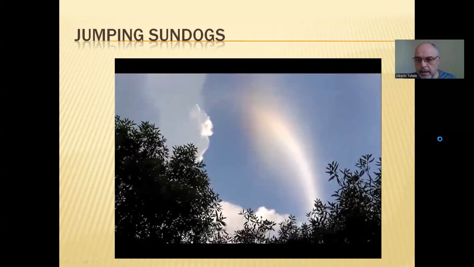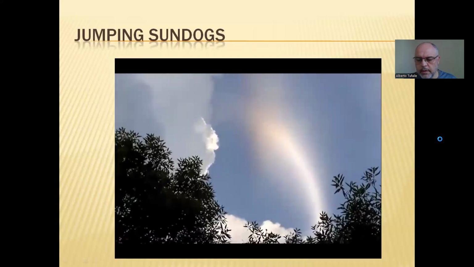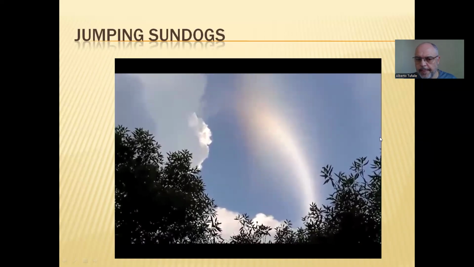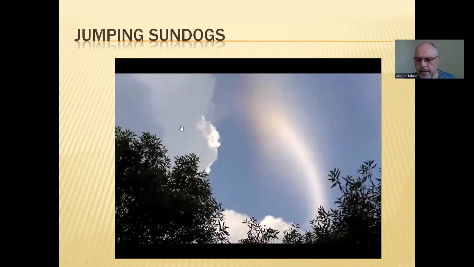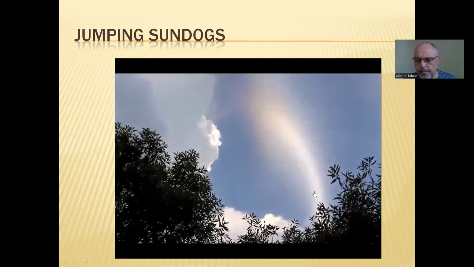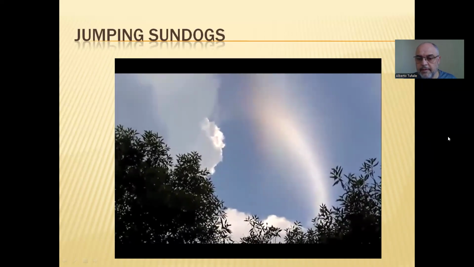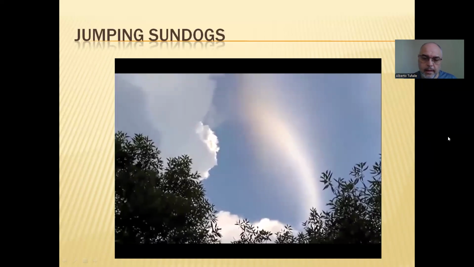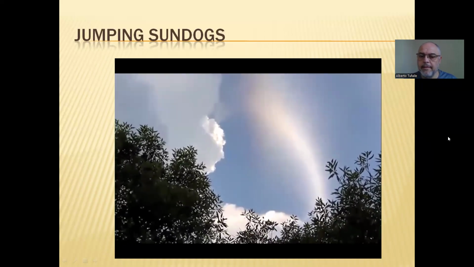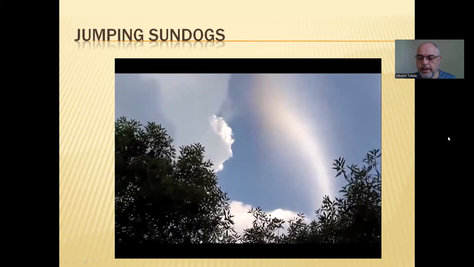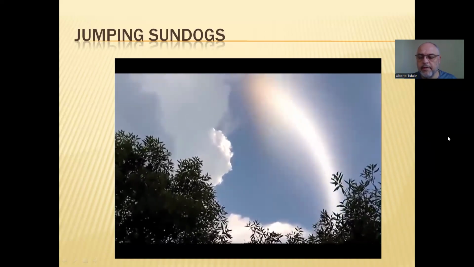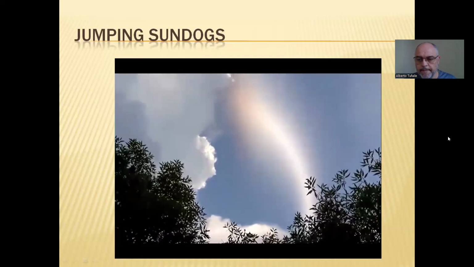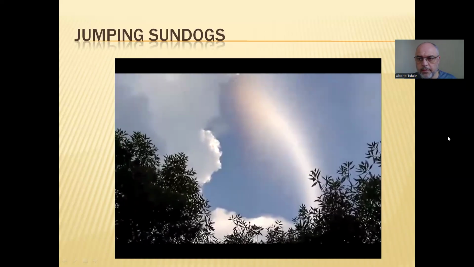This sundog here was recorded close to the city of Moscow in Russia, and the sun is at this part, and this is the plume. This is the sundog, and it will move erratically. Basically it is the same phenomenon, with the same characteristics that we saw before in the other videos.